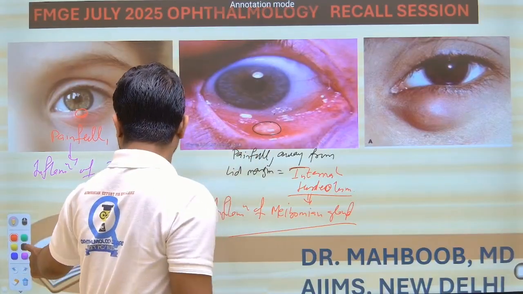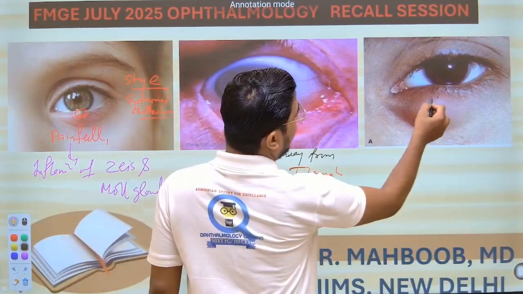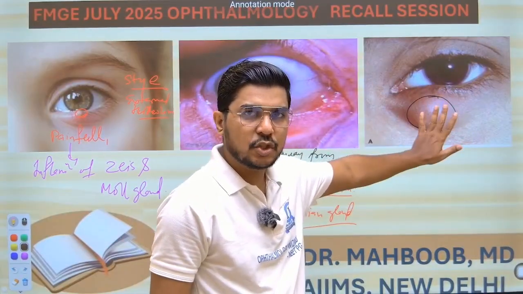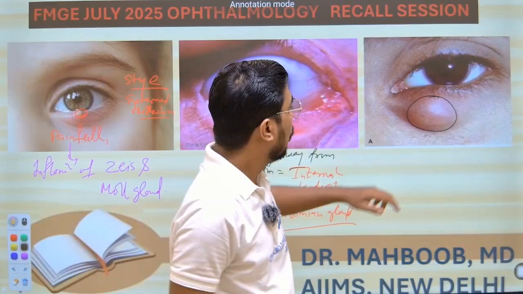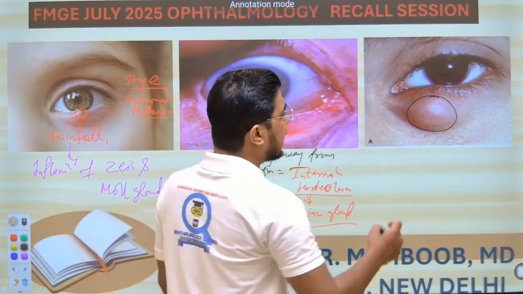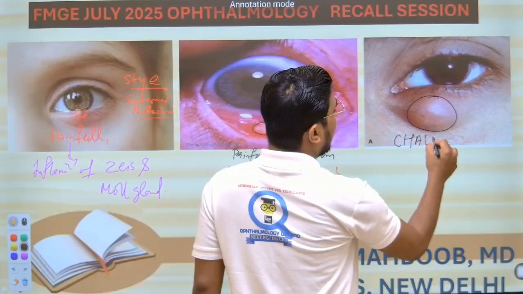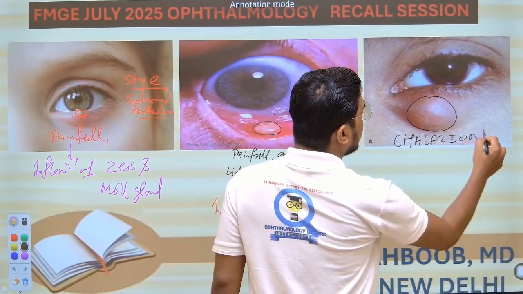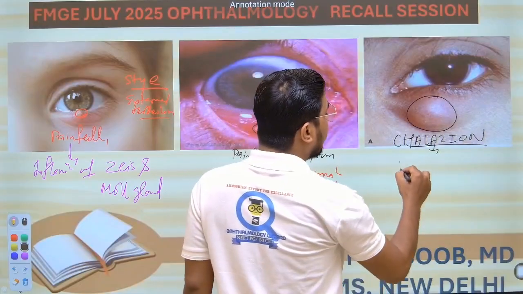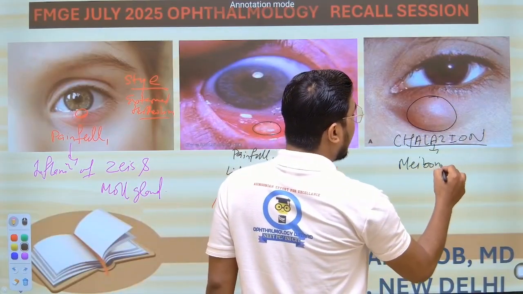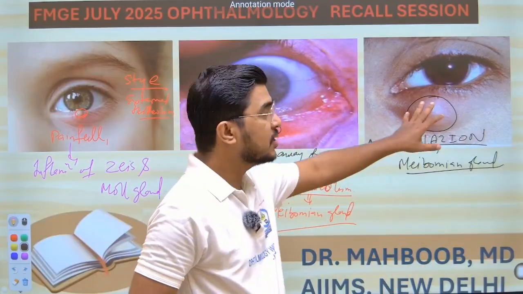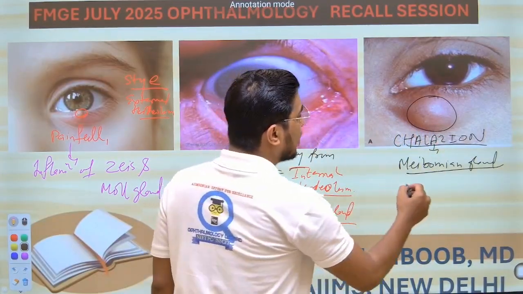Now coming to this portion, can you see this? There is no redness, which means inflammation is not there, but the swelling is there, away from the lid margin. This is called chalazion. It is also because of involvement of which gland? Meibomian gland. But this is not inflammatory, and it is painless.